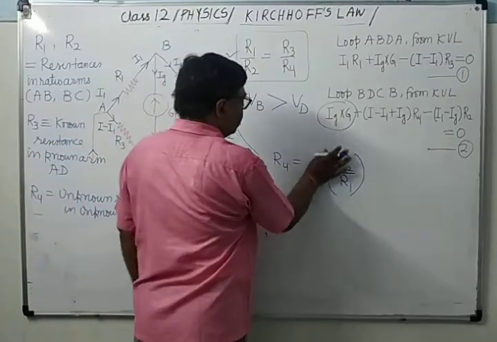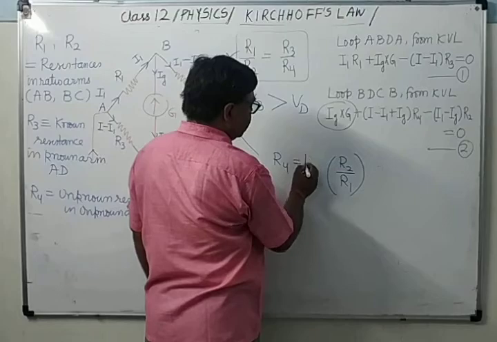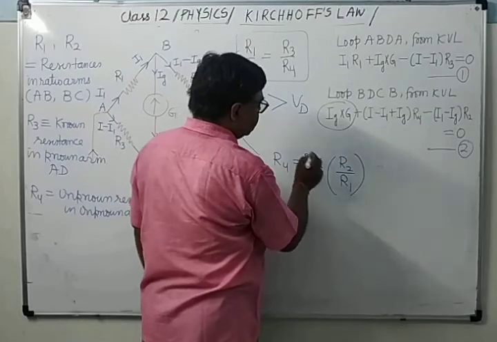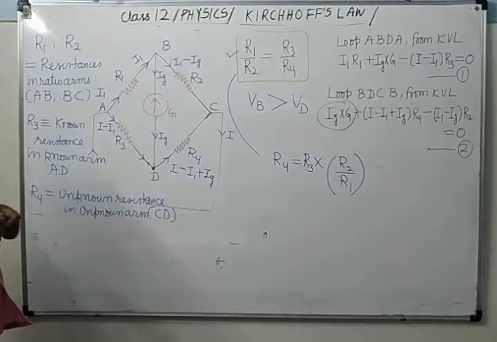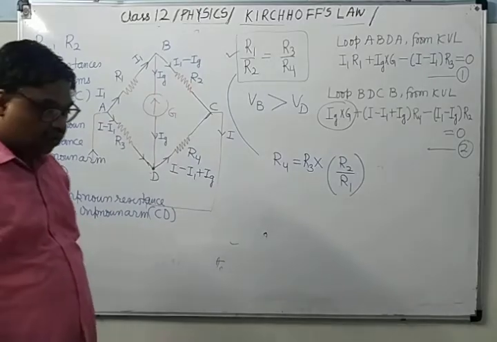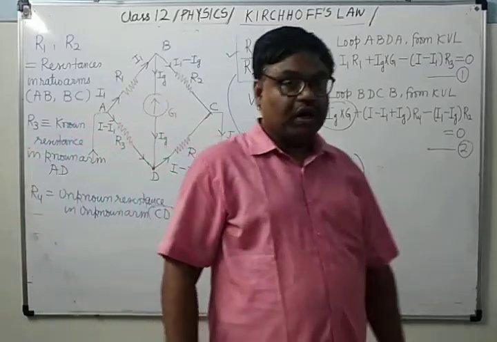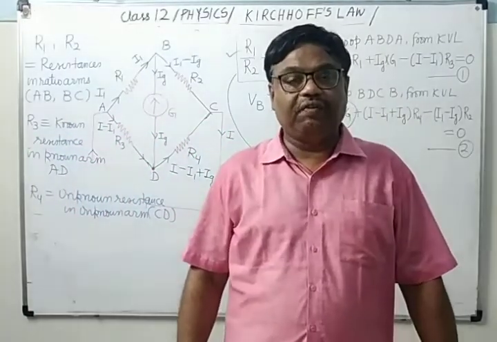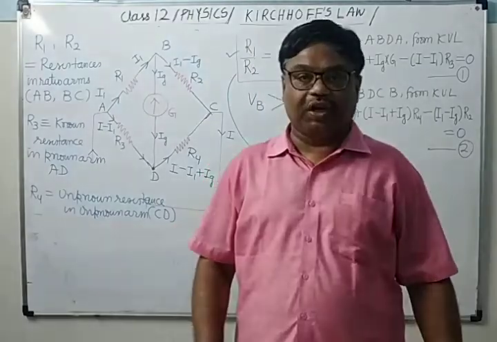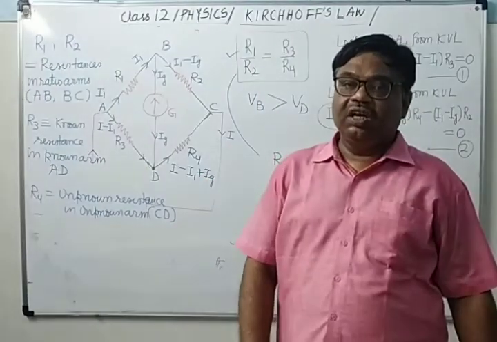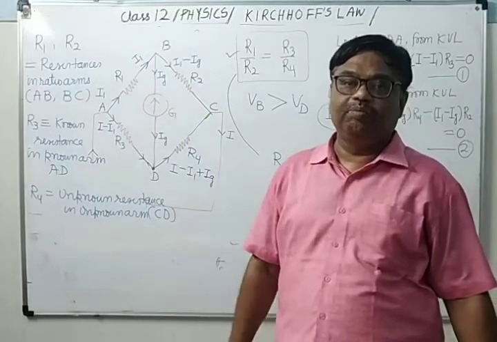Means if R3 is known and the ratio of R1 and R2 is known, you can determine the unknown resistance. By locating the null point, that we will see how you do in the meter bridge, which is the next topic. It's clear? Now see here, its sensitivity will be more.